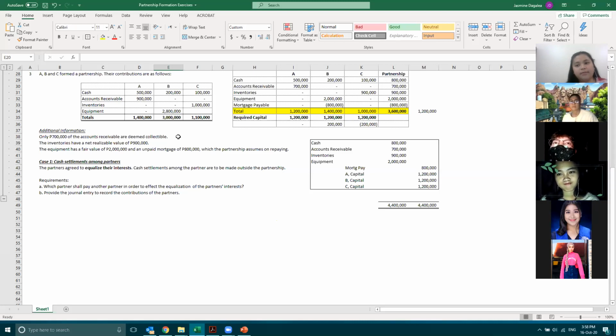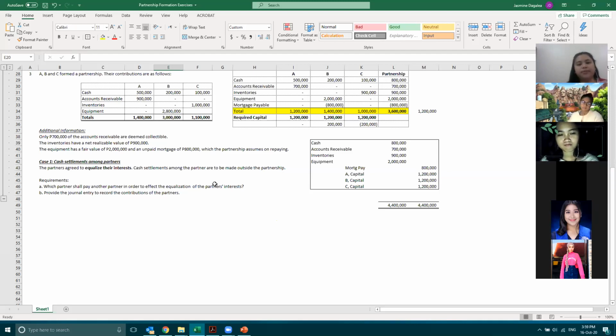So, tapos na tayo sa formation of partnership, initial contribution capital. So, remember nyo lang yung mga concepts. Fair value, yung i-extend na amount sa partnership books.